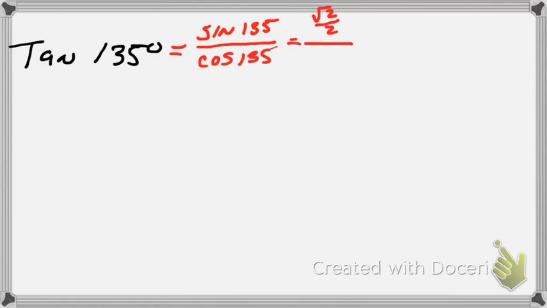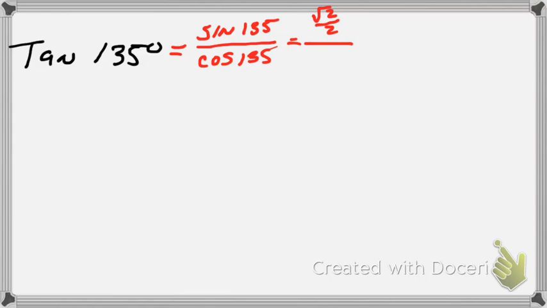Tangent of 135 degrees. Tangent, by definition, is sine over cosine. Remember, we're not using calculators today. We're using the unit circle. So tangent, by definition, is sine over cosine, TSC. The sine of 135 degrees is root 2 over 2.